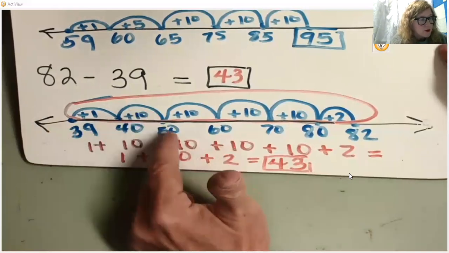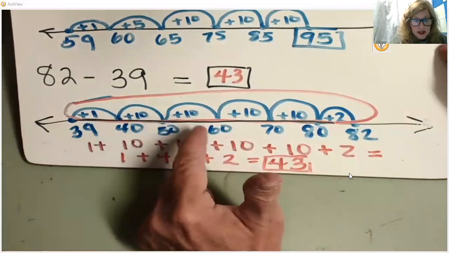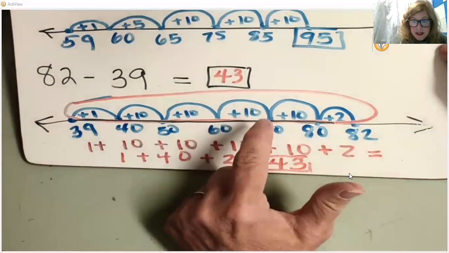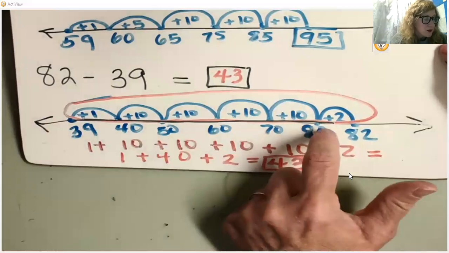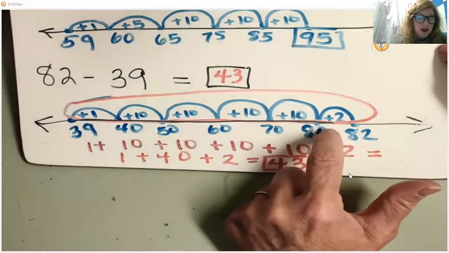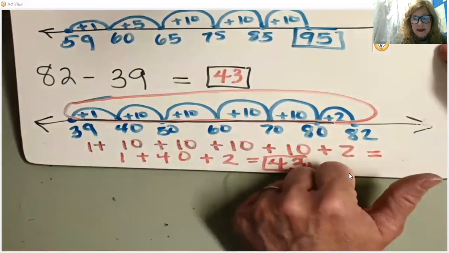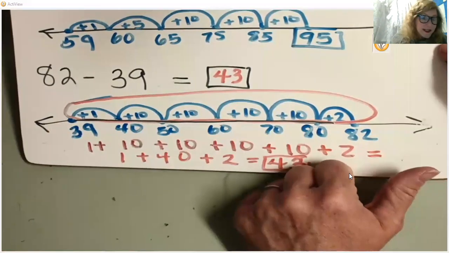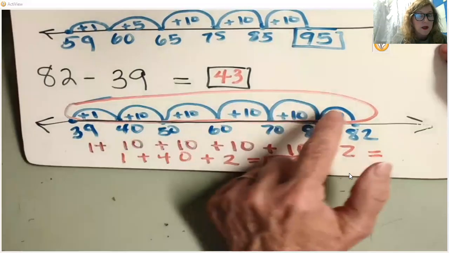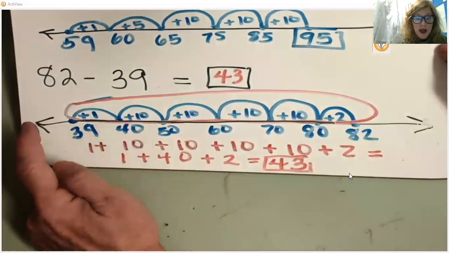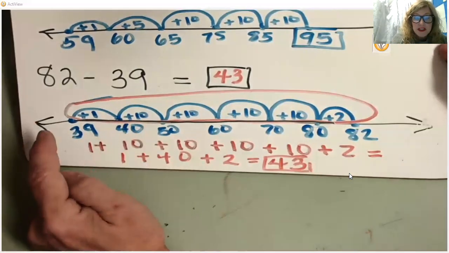So I counted them separately, though, just to show you. So I could go up another 10 to 50, another 10 to 60, another 10 to 70, and even another 10 up to 80. Now I'm going to 82, so then I need to add 2 more to get to 82. But 82 is not our answer. Our answer is the amount that we went up. Here I circled in red. So we need to add those together.